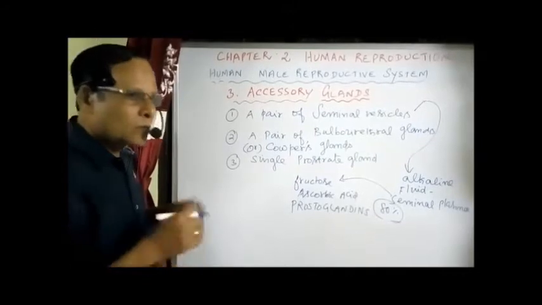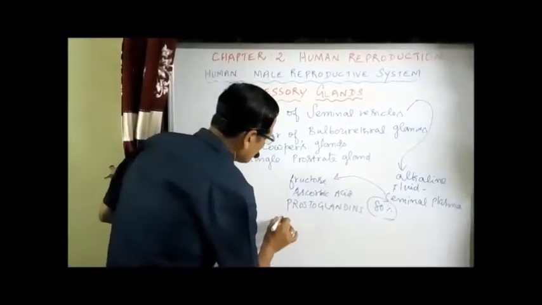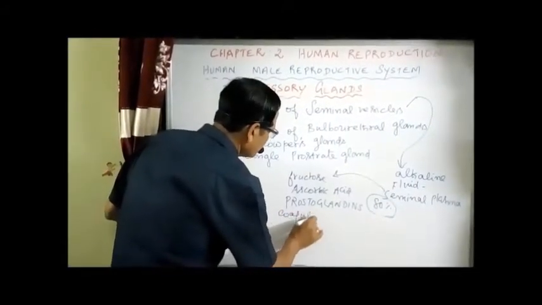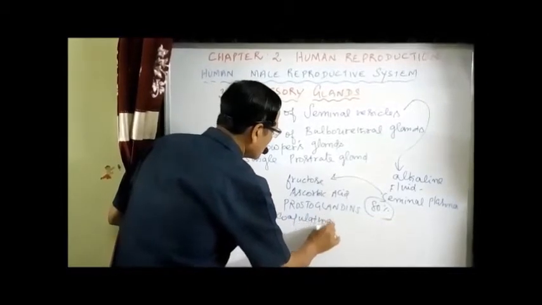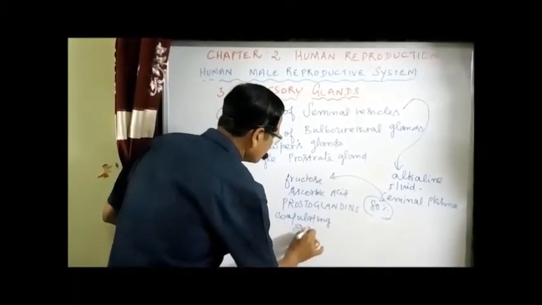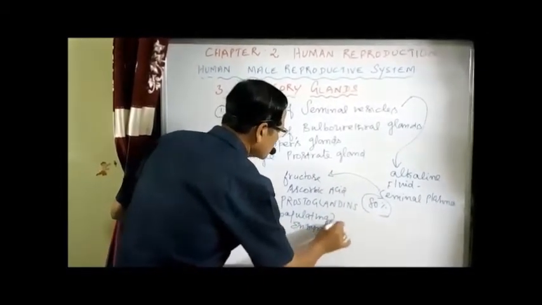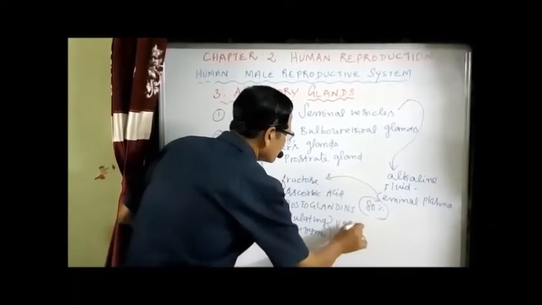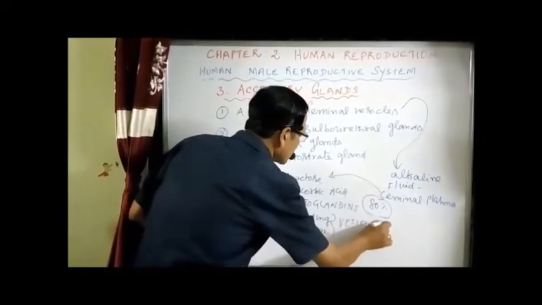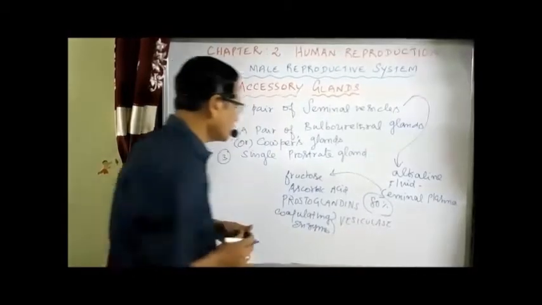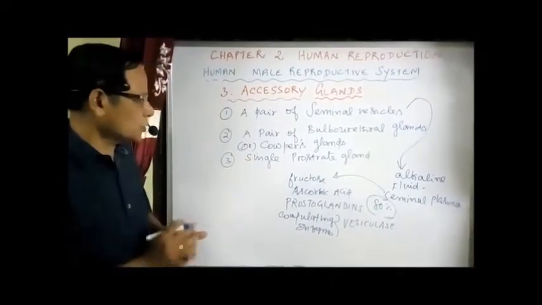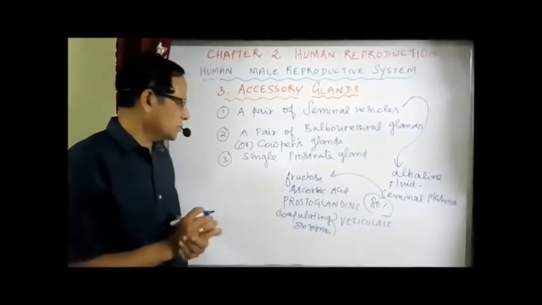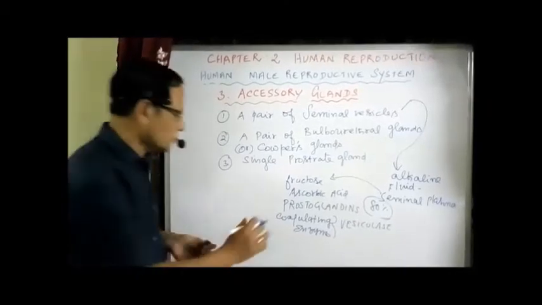And a coagulating enzyme, called vesiculase. So it contains fructose sugar, ascorbic acid, and prostaglandins.